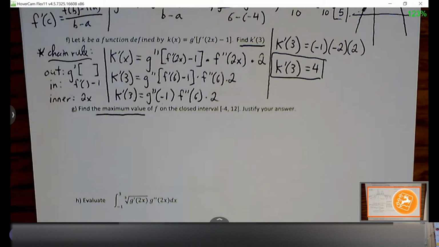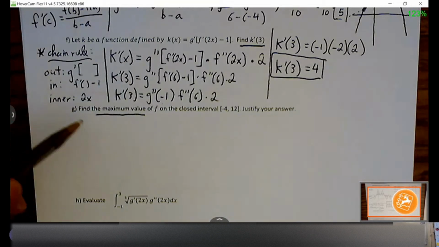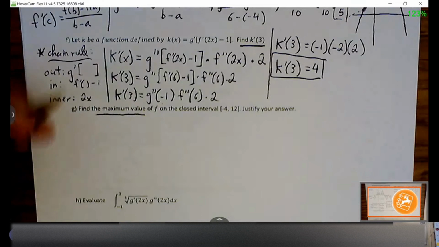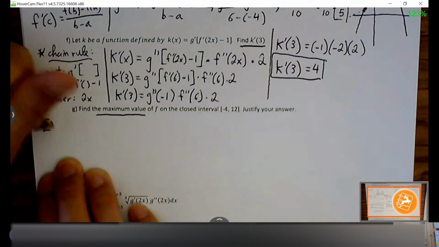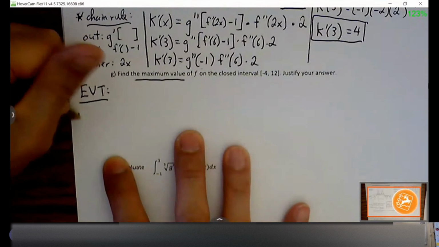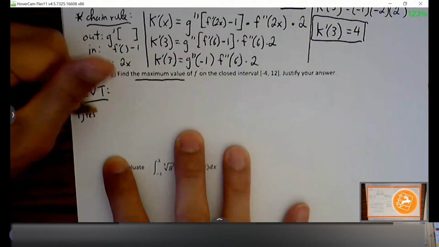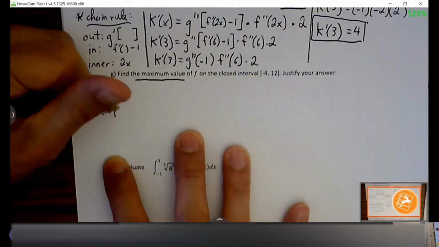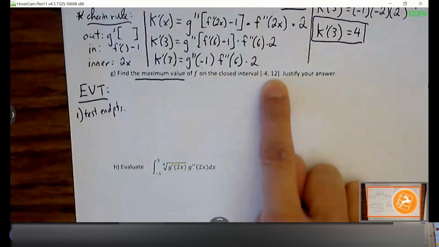Okay, part G, find the maximum value. Anytime you're looking for a max or min value, you're going to be understanding that we have to apply extreme value theorem. So extreme value theorem says test endpoints. So in this case, endpoints are always provided for you.